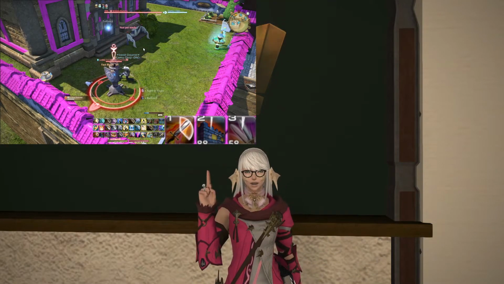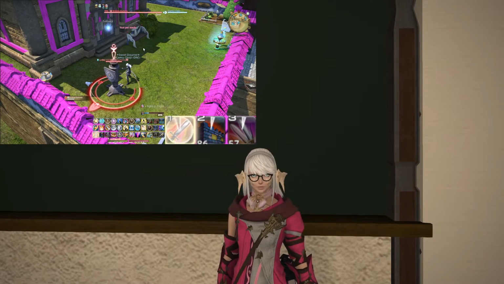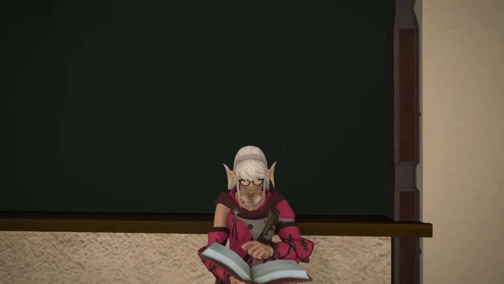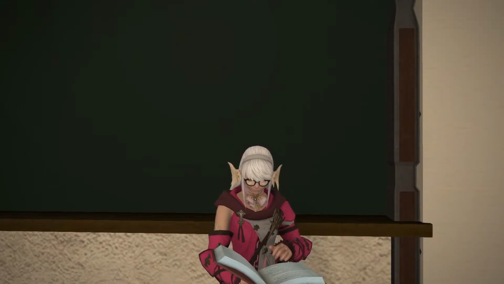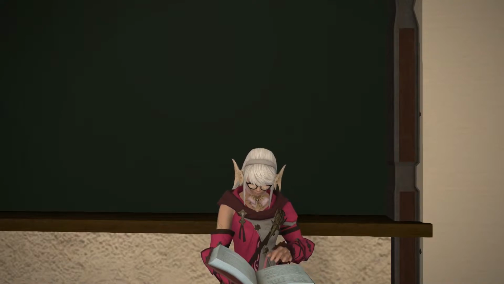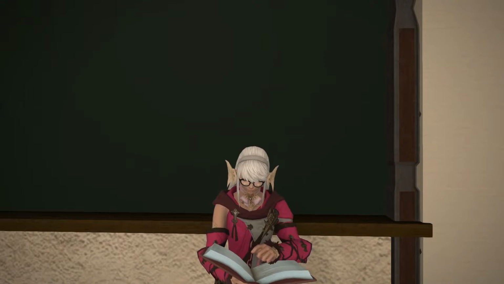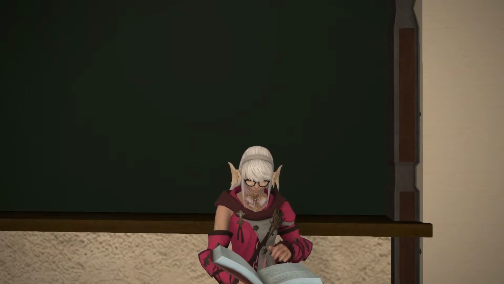Also, if you have particularly bad latency, double weaving may be hard or even impossible without clipping, especially on fast jobs like the Monk. Weaving three oGCDs in between two GCDs is hypothetically a possibility, but is generally considered risky and requires incredibly good latency as well as optimized gear for this purpose.